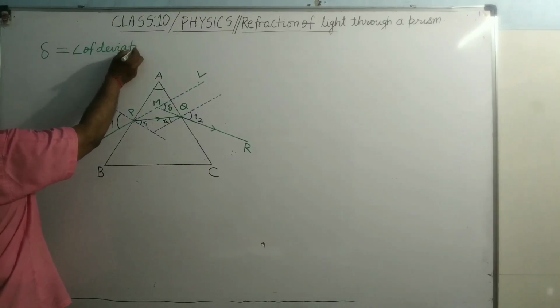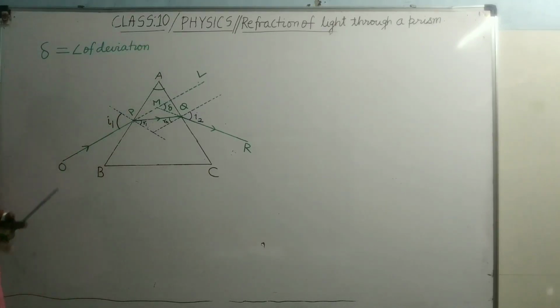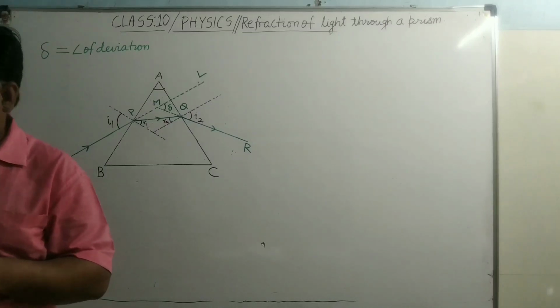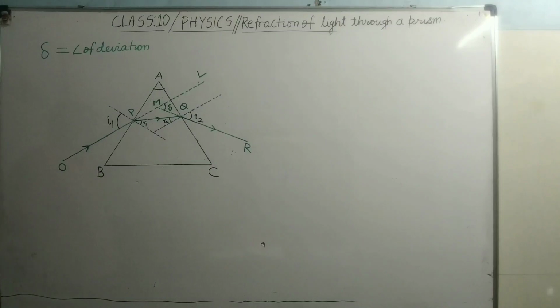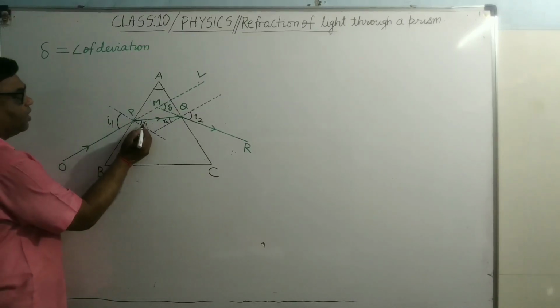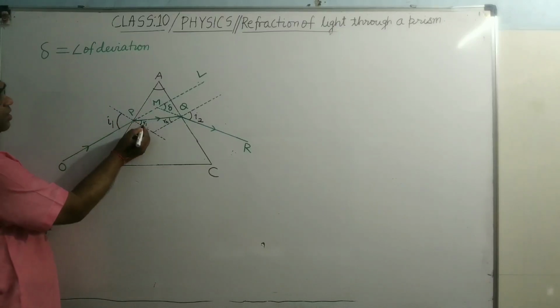This angle is the angle of deviation that you can see. It's clear. Now you can see one more thing. What is the deviation produced in this ray? The incident ray is making angle of incidence I1. When it enters into the glass slab, what is the angle of refraction? It is R1. You can see here, this is R1.